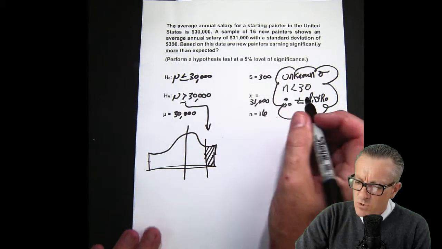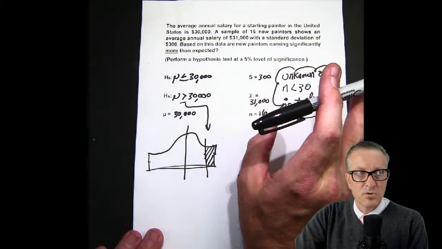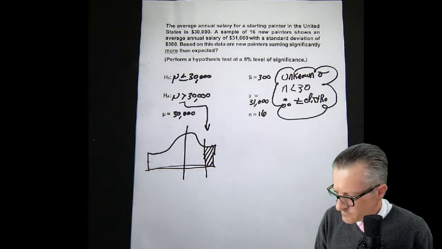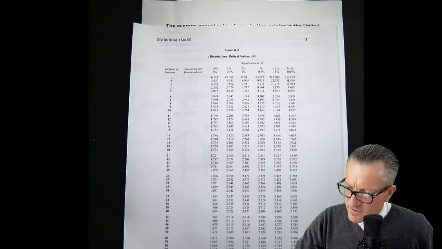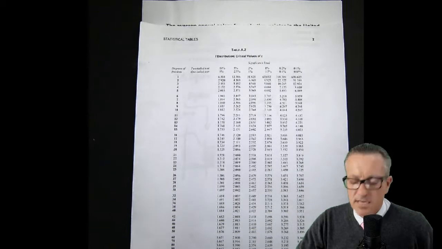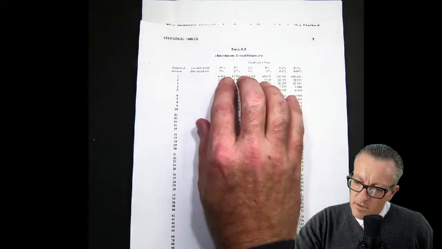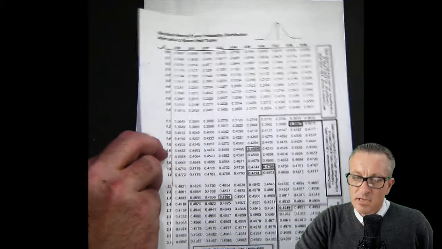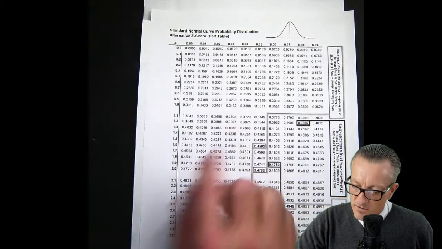Okay, so it's interesting with the t-distribution. There's not a lot to do at this point, and there's a couple reasons. I want to show you the t-distribution table. The t-distribution table is quite a bit different than the z-table in that we use the degrees of freedom and the significance level to find the t-score. In the z-table, we can use the z-score to find the probability under the curve.